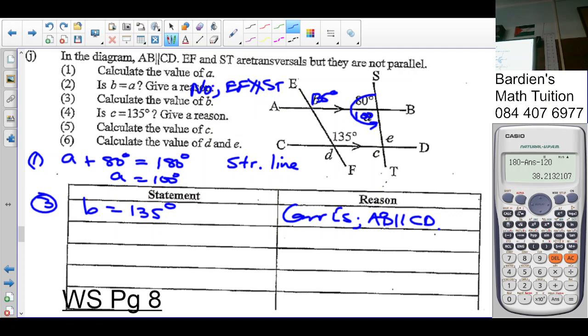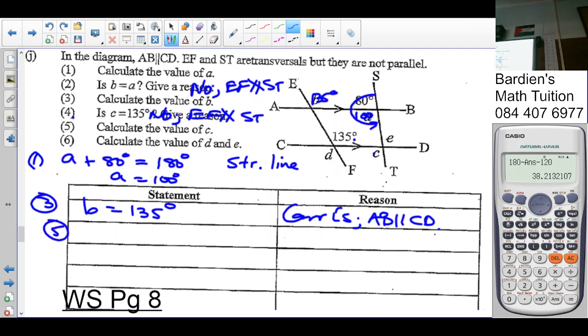Question 4. Is angle C equal to 135? No. Why? EF is not parallel to ST. Question 5.